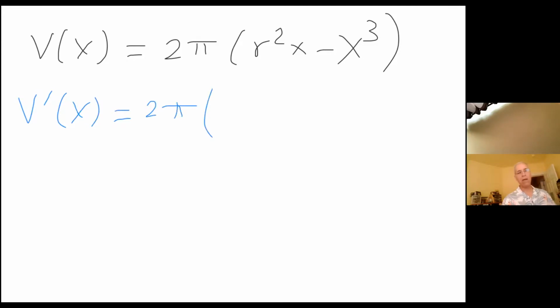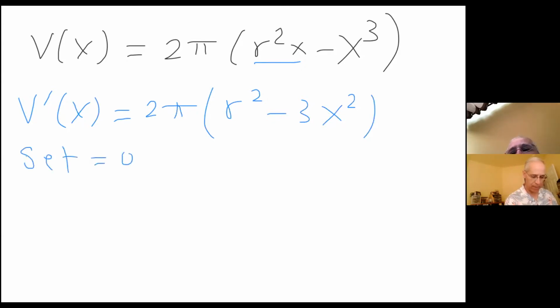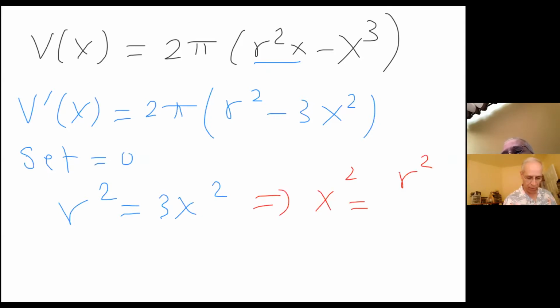And v prime of x equals, so here's my 2 pi. Derivative of the first part, so remember that r is a constant, therefore r squared is a constant. So it's only r squared minus 3x to the second. Set that equal to 0. So this gives me r squared equals 3x to the second. And this follows that x squared equals r to the second over 3.